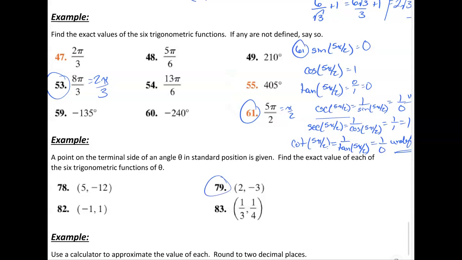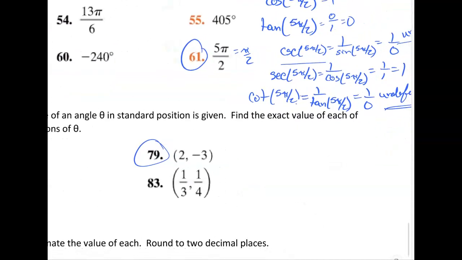This point is not on the unit circle. So kind of like when we first started doing these, we've got to figure out where it lives. Okay, so here's the point 2, -3.